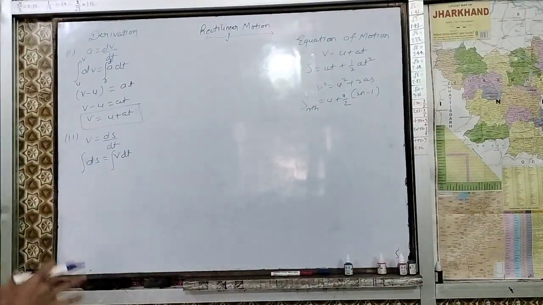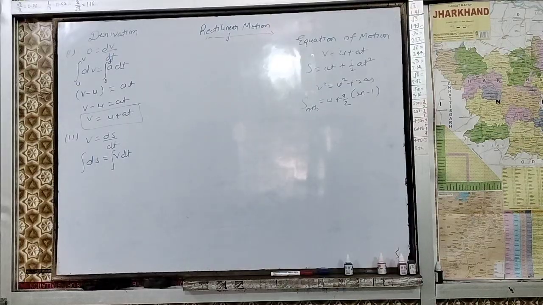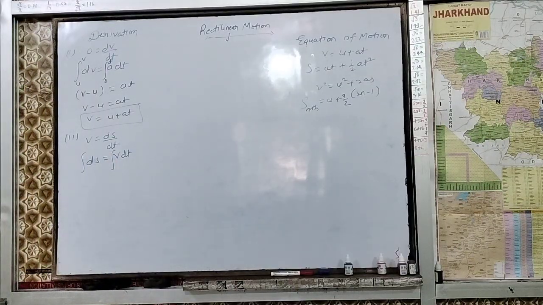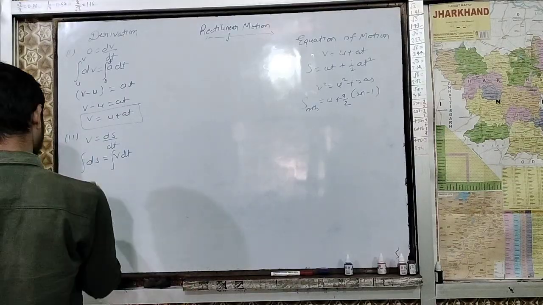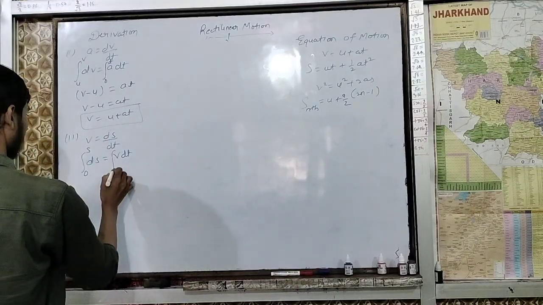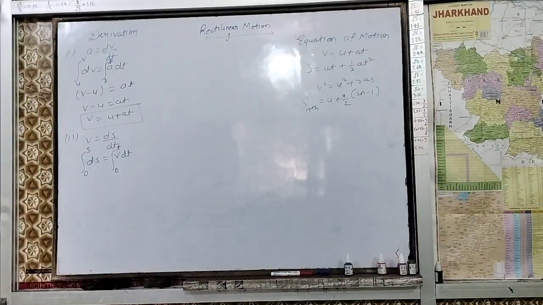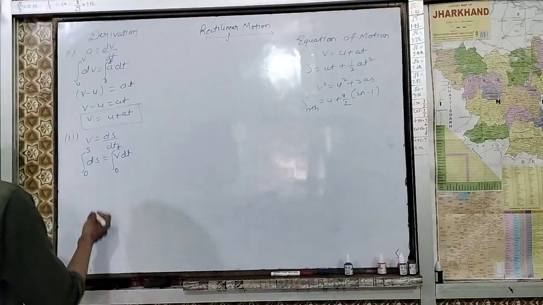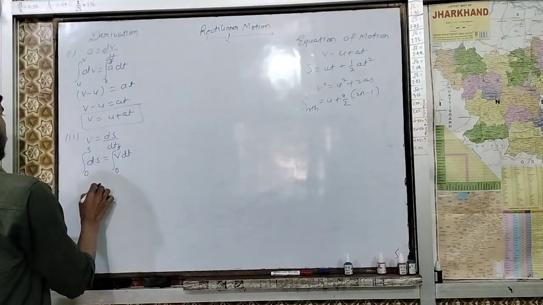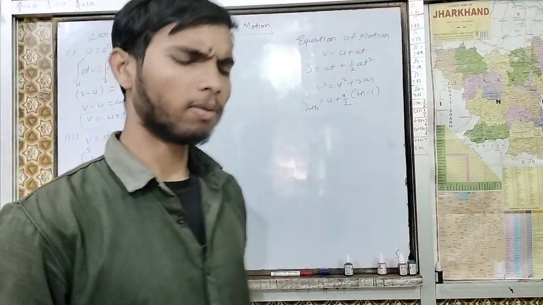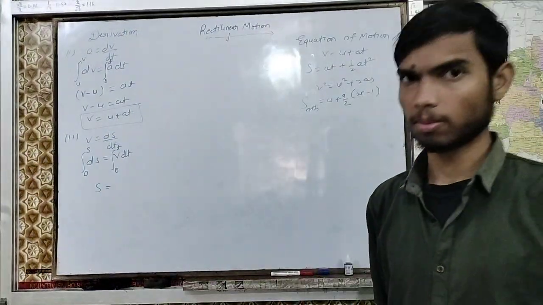If it is a displacement, then limits would be initial and final, and for time, from 0 to t. Initial we have 0, final is t. Integration of ds will be s, and s minus 0 will be s. vt minus 0 will be vt.